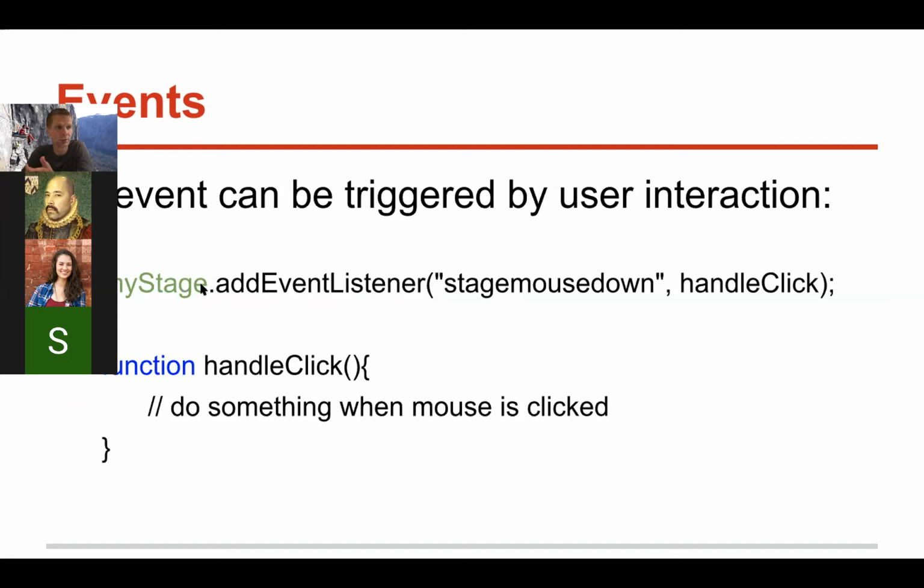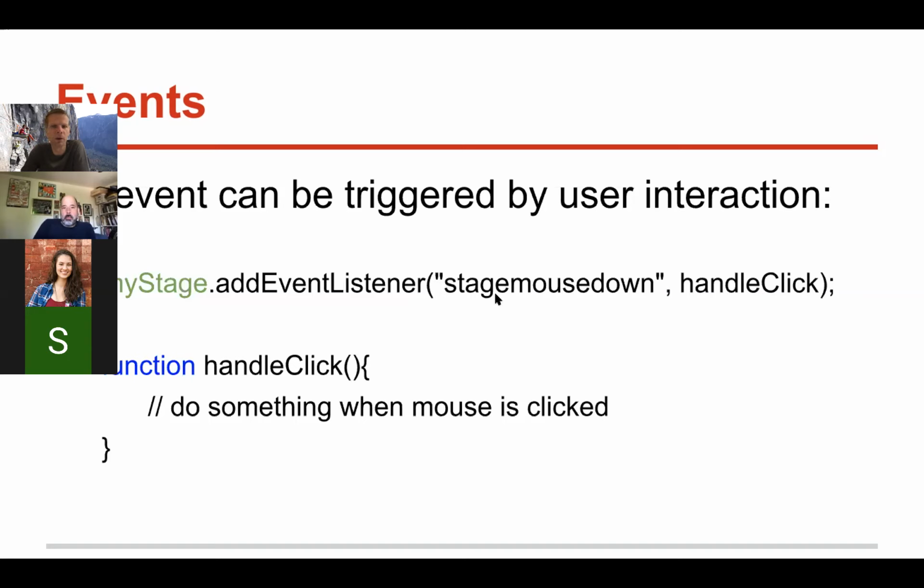My stage is an object; we created my stage and set it equal to a canvas element. Then we're adding this predefined JavaScript method called addEventListener, which listens for events and does something in response. The first thing you feed it is what type of event it's going to be listening for. The second is the name of a function that's going to be called when that event is heard. And there are a number of event types; you can't just type in anything you want.